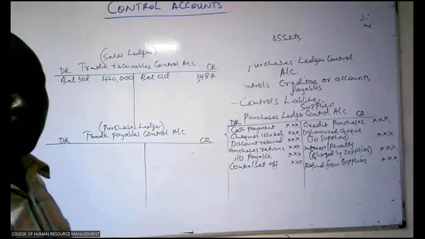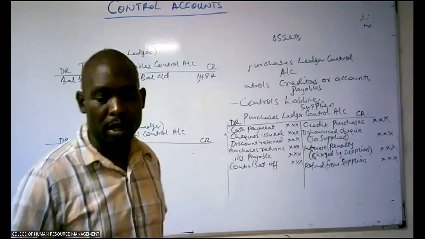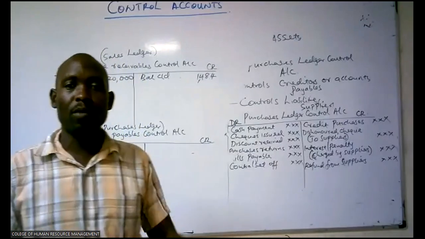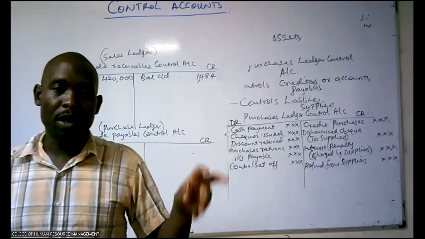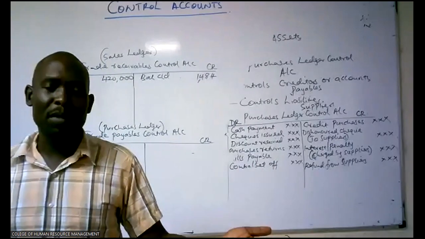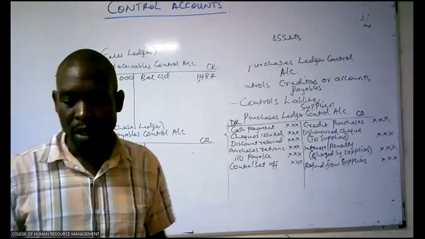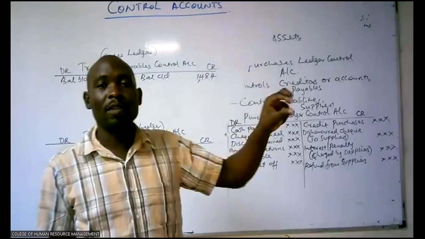I've given two circumstances. Number one, a customer can pay you. You can reach an agreement. I tell you, if you pay within 1 week, I'll give you a discount of 10%. You pay within 1 week, but you did not factor in the 10%. You just paid the whole amount. Maybe it was 10,000 you were supposed to pay. If you paid within a week, you are supposed to less 10%, that is 1,000.